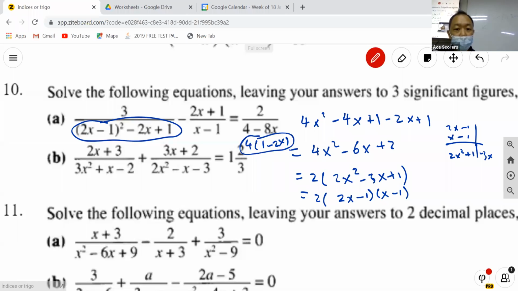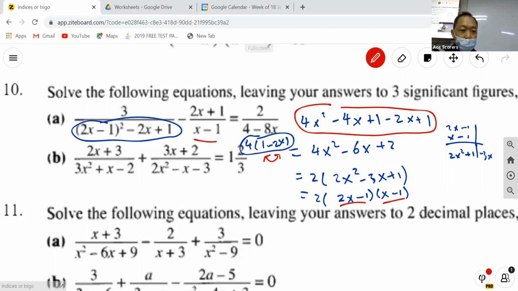You need to swap this, so it becomes 2x minus 1. So one of it is x minus 1, another one is 2x minus 1. And you swap this, so you get this. This red color thing can factorize and become like that.